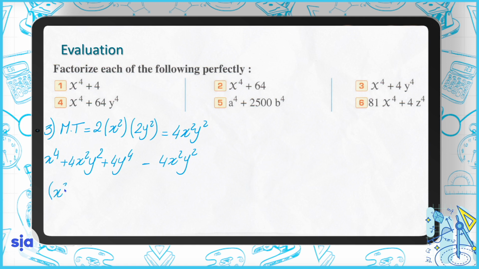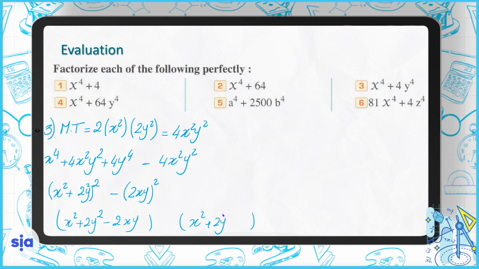So this one is (x squared plus 2y squared) all squared minus (2xy) all squared. To factorize this, the two brackets will be (x squared plus 2y squared minus 2xy) and (x squared plus 2y squared plus 2xy).